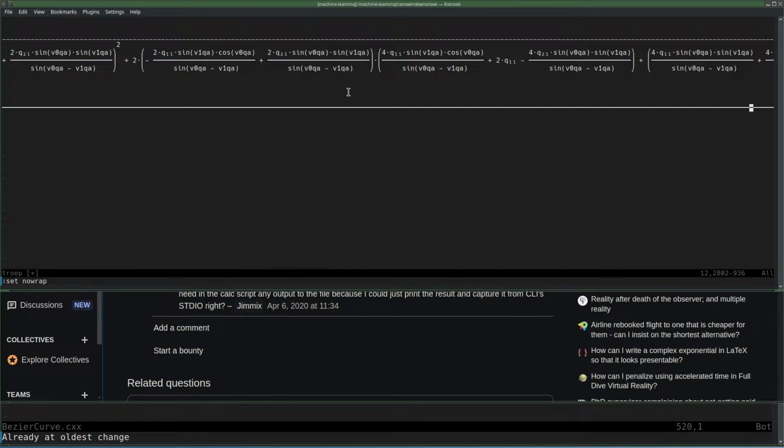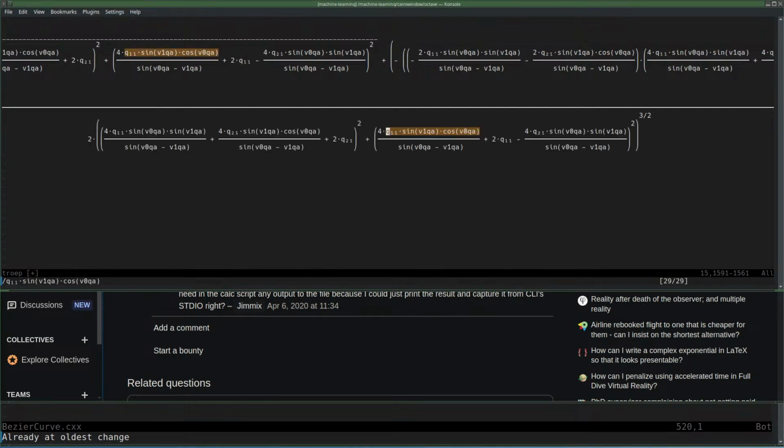Okay, it's not exactly the same. There's a 4 here. Nevertheless, if I highlight this, for example, I can find that back a few times.